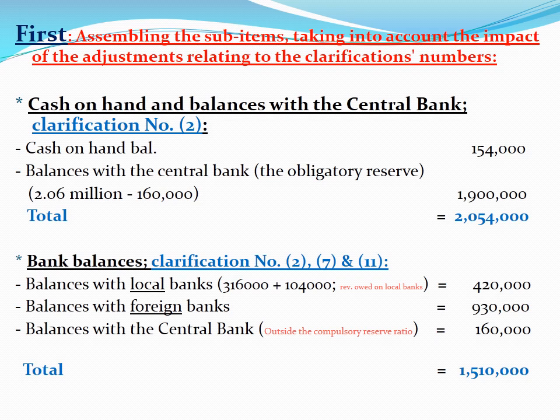For balances with foreign banks, related to foreign currency, 39,000, while the return on foreign banks balances is 33,000. So what should affect the income statement as revenues of the bank in the different currencies, 39,000 and 33,000, should affect the income statement.